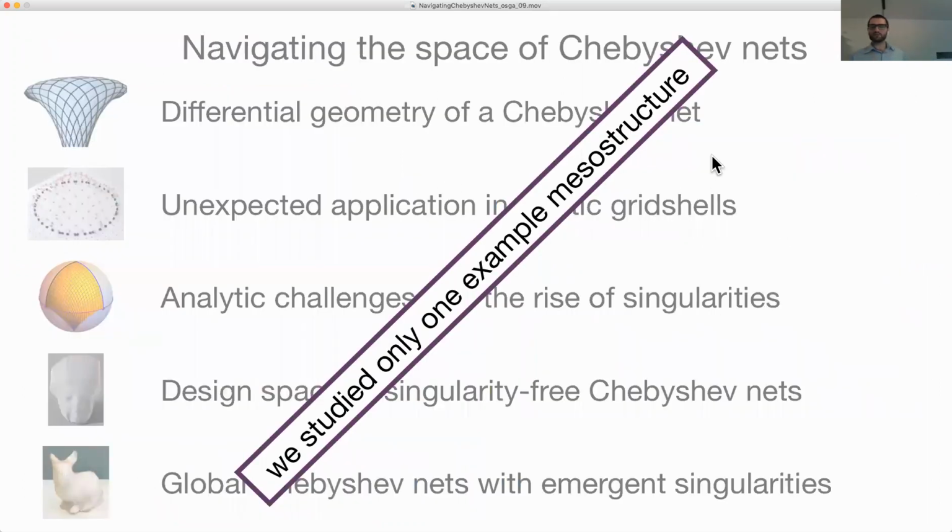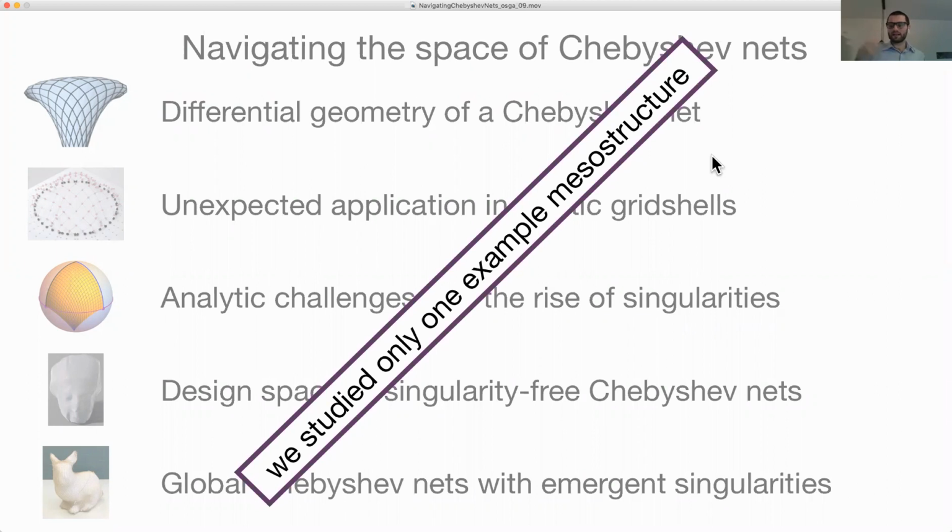Okay, so what I just want to say here is that what I talked about today was one example of a meso-structure that I like to think about. What we saw is that we can study grids of inextensible rods. These could be something like an architectural grid shell or an elastic grid shell, where there's really elasticity driving the system, but it seems to be governed by the inextensibility constraint. It could be something plastic, like the wire mesh sculptures that we built.